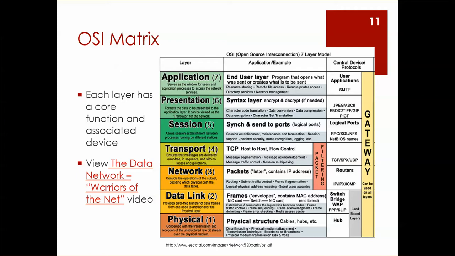In this case, we are assuring that the messages are delivered error-free, in sequence, with no losses or duplications. The most typical representation of the transport layer is the TCP/UDP port, so the destination and the source. So are we transferring from an SMTP server to SMTP?